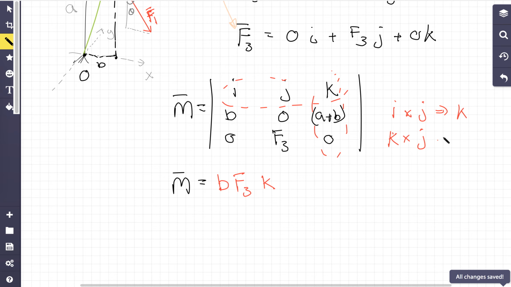So anything I cross j will produce a k, and it's going to be positive. So it's going to be b. It's this r value, in the I direction, multiplied by j. So we get b f3, and that's in the k direction. All right, that's all we do.